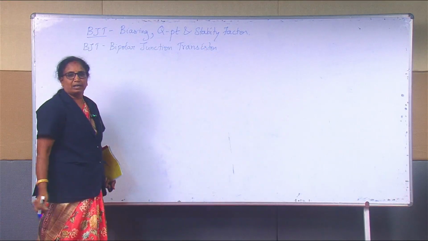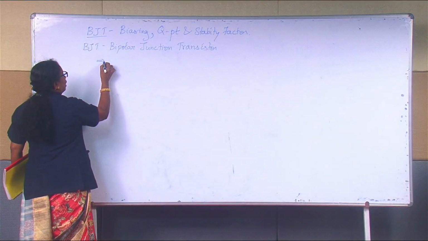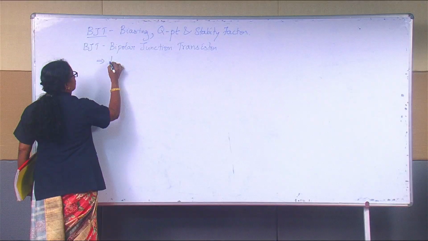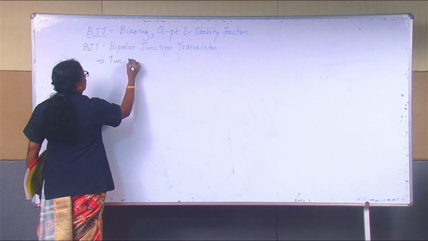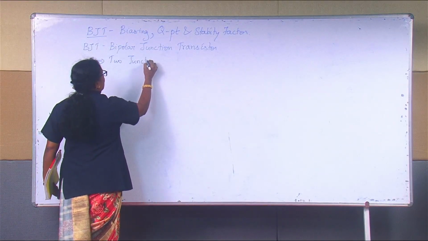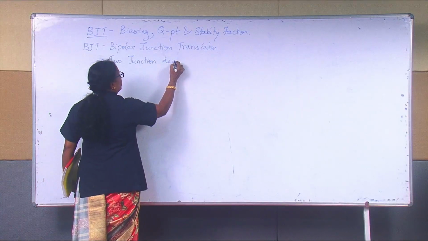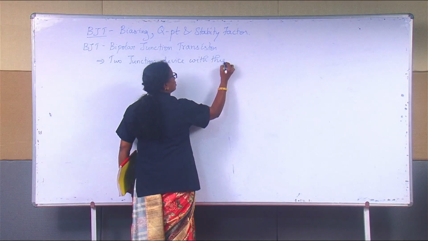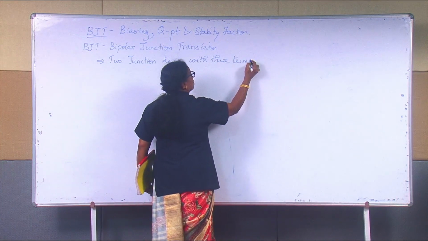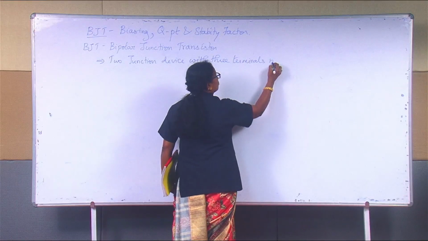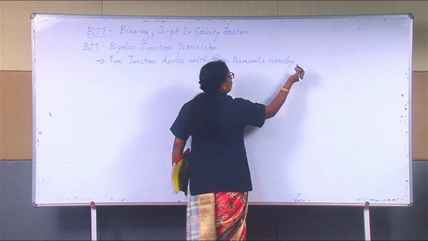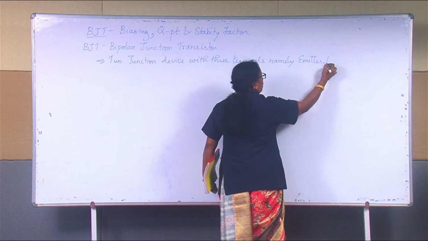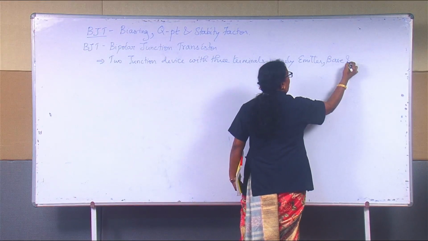We all know that it's a two junction device with three terminals, namely emitter, base, and collector.